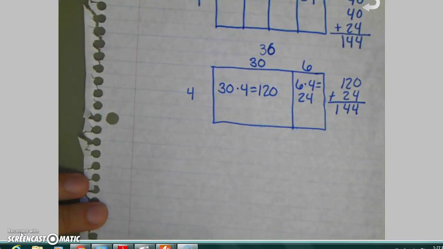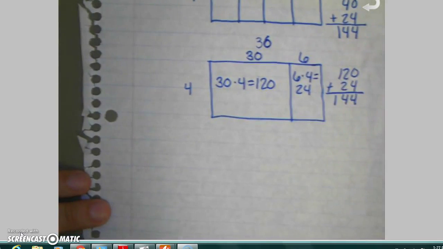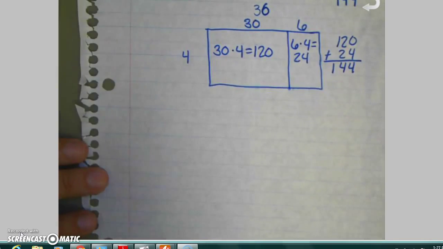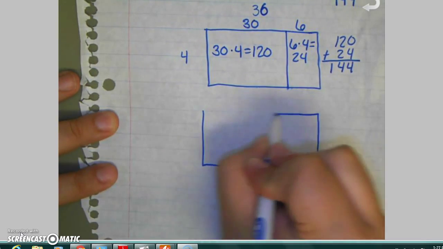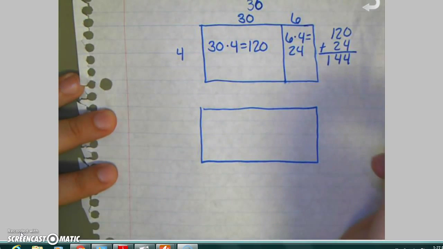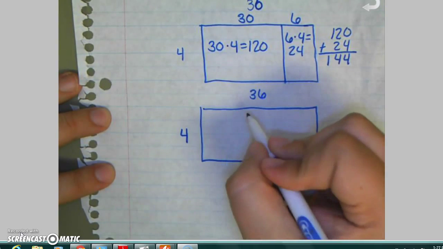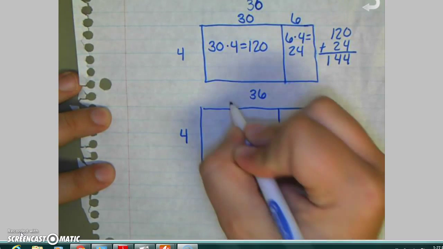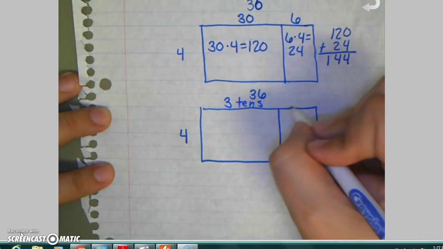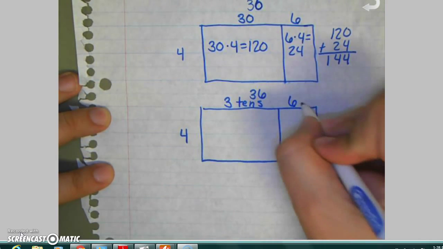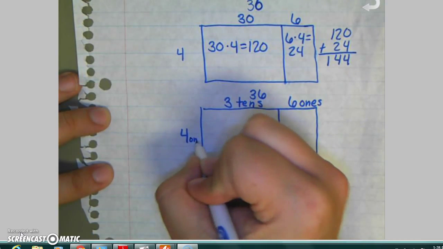And the last way kind of takes the same approach as this, but we use words to help us understand. So again, I have 36 times 4. Here I'm going to divide it into 3 tens, which is 30, and 6 ones. I'm going to multiply that by 4 ones.